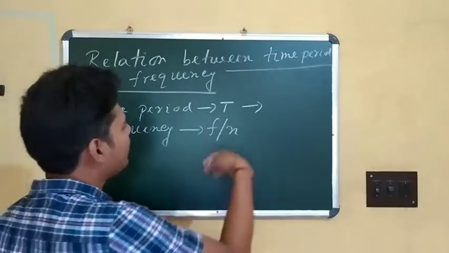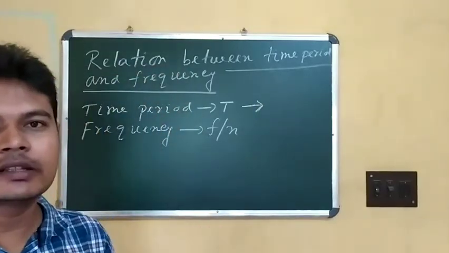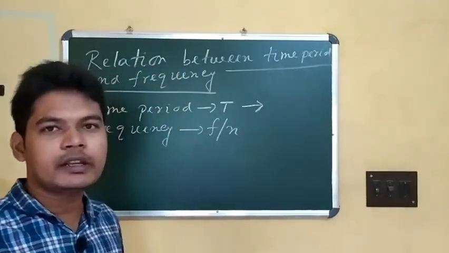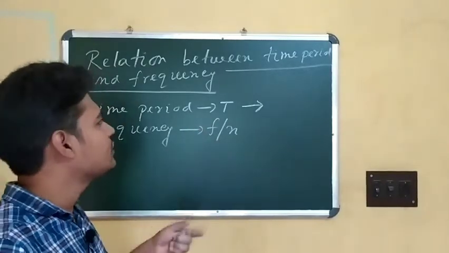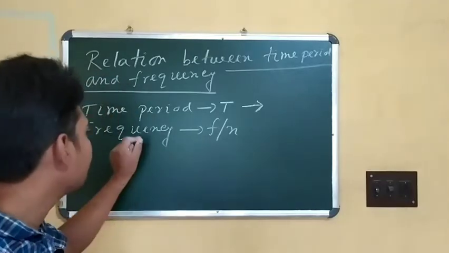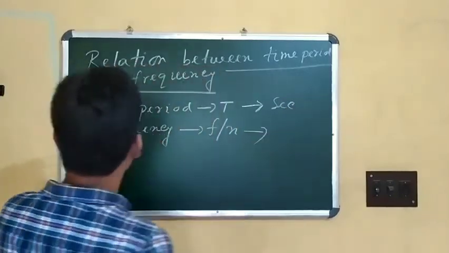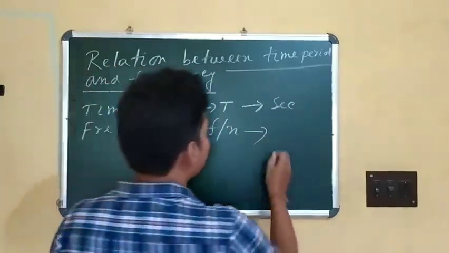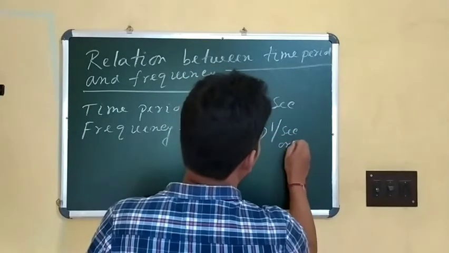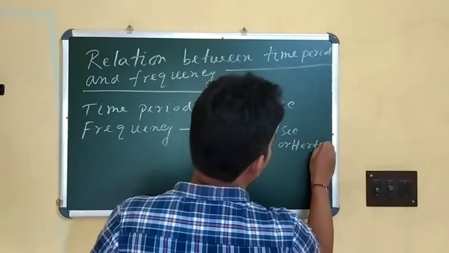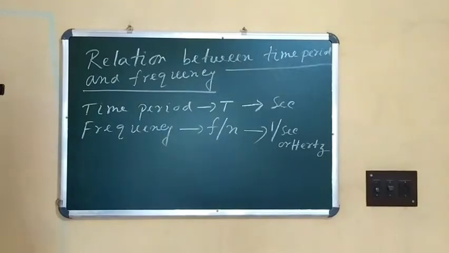Then you can use other units also, if it is given that in 30 minutes 60 oscillations are completed, then find out the time period. But the basic unit of the time period is second, and the unit of frequency is Hertz, 1 by second or Hertz. Okay, all of you understood?